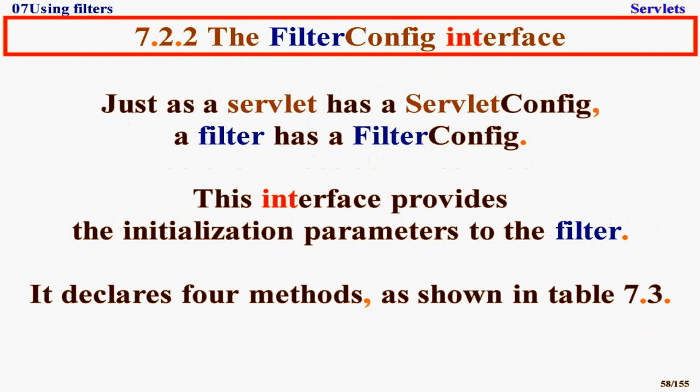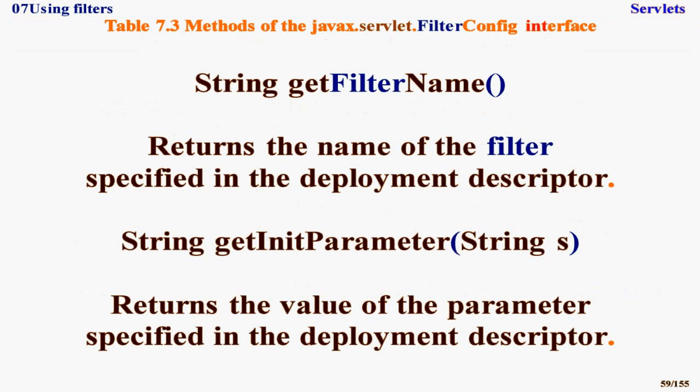7.2.2 The FilterConfig interface. Just as a servlet has a ServletConfig, a filter has a FilterConfig. This interface provides the initialization parameters to the filter. It declares 4 methods, as shown in Table 7.3. Table 7.3 Methods of the javax.servlet.FilterConfig interface.